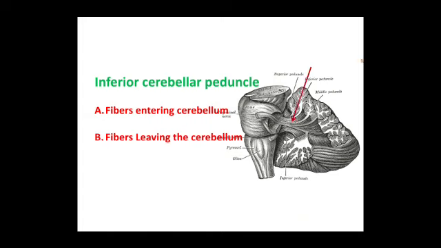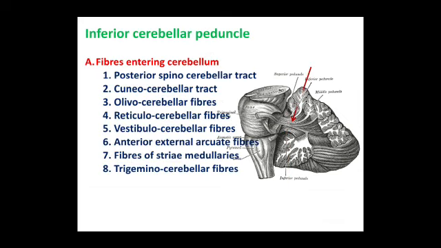Coming to the inferior peduncle, we have fibers entering the cerebellum and fibers leaving the cerebellum. Fibers entering the cerebellum are posterior spinocerebellar tract, cuneocerebellar tract, olivocerebellar fibers, reticulocerebellar fibers, vestibulocerebellar fibers, anterior external arcuate fibers, fibers of stria medullaris, and trigeminocerebellar fibers.